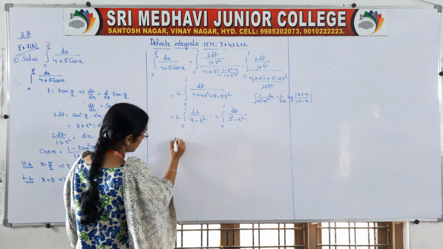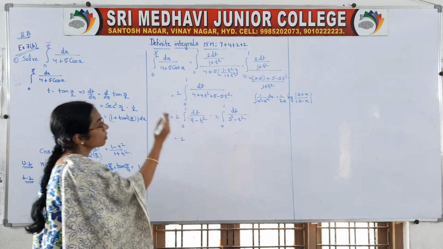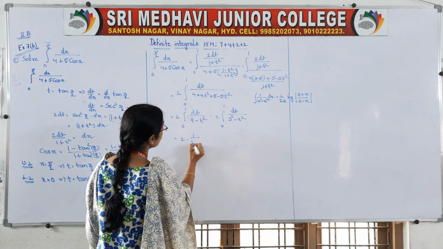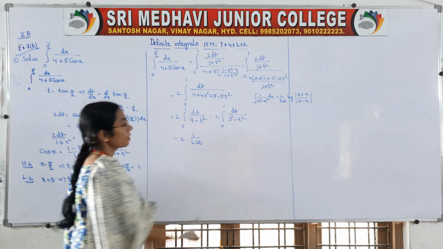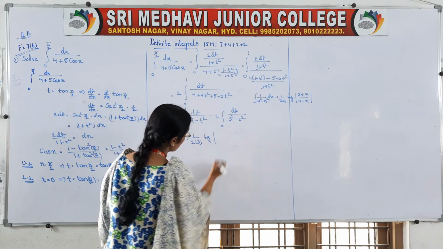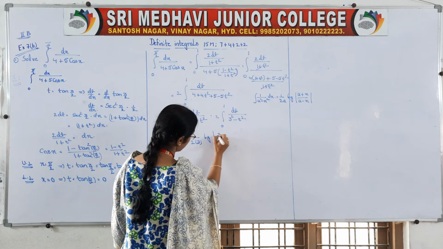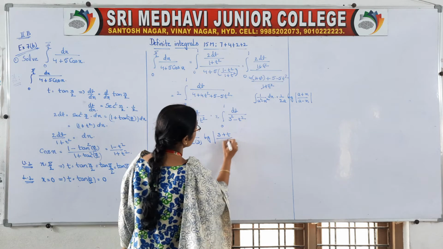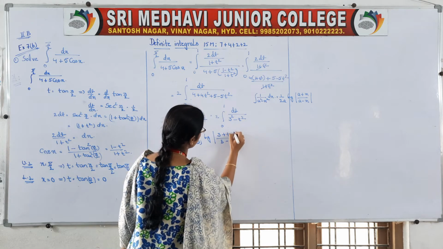So is equal to 2 into, substitute in the formula, 1 by 2a. In a place you are having 3, right? Log of a plus x, that is 3 plus t, by 3 minus t.